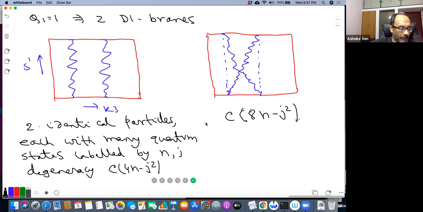So once you accept this, then the rest is straightforward. You just keep repeating this. So for example, for K D1 branes, we can have many combinations.